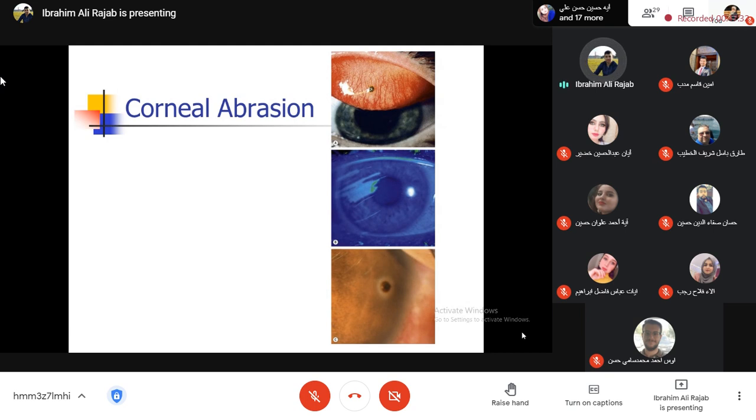We will stain the tear film. So we will stain the whole tear film. The tear film will be stained with fluorescein stain.